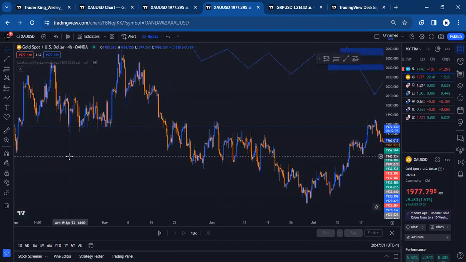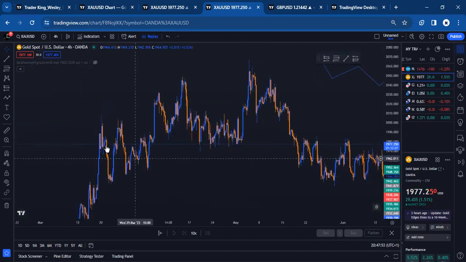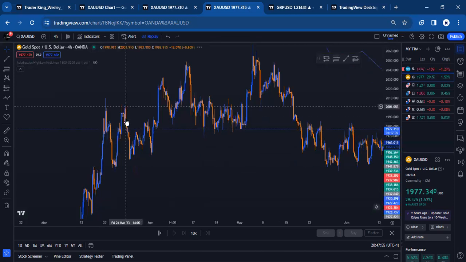The breaker blocks, the displacements that you consider valid as breaker blocks, does it have to be counter trend? Like, do they have to be from a change in either a market structure shift or a break of structure?